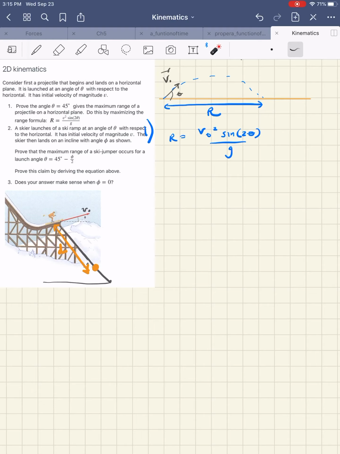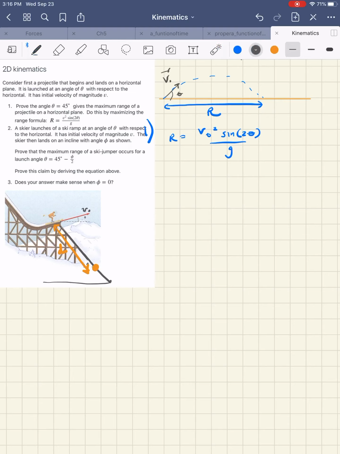Well, we've actually graphed this before, and by graphing it, you can understand that if you plug in 45 degrees here, or pi over 4, that's going to give you sine of pi over 2, and it'll achieve a maximum at that pi over 4, and then it goes back to 0 again. Sine of 2 theta versus theta. Anyhow, we've already seen that that's the case, but let's prove it mathematically.